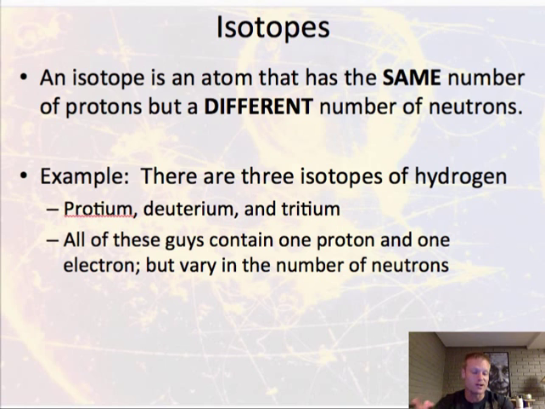And they also have 1 electron. What varies between the three different versions of hydrogen is the number of neutrons in each of those hydrogens. So here you can see one type of hydrogen is called protium, another one is called deuterium, and the third one's called tritium. And basically they vary in terms of the number of neutrons that each of them has, and that's an isotope in a nutshell.